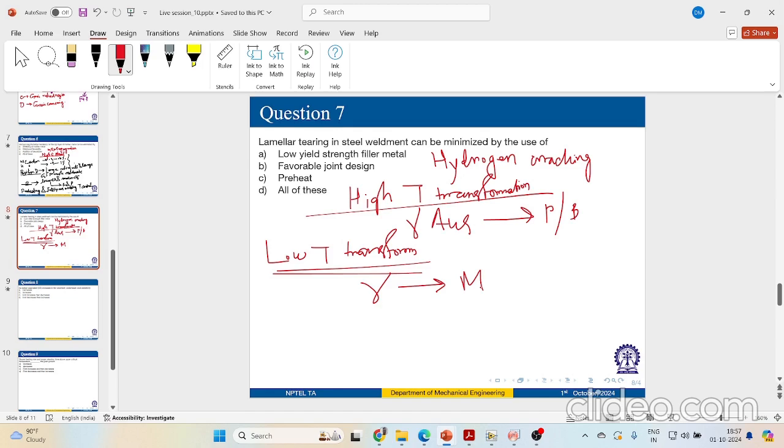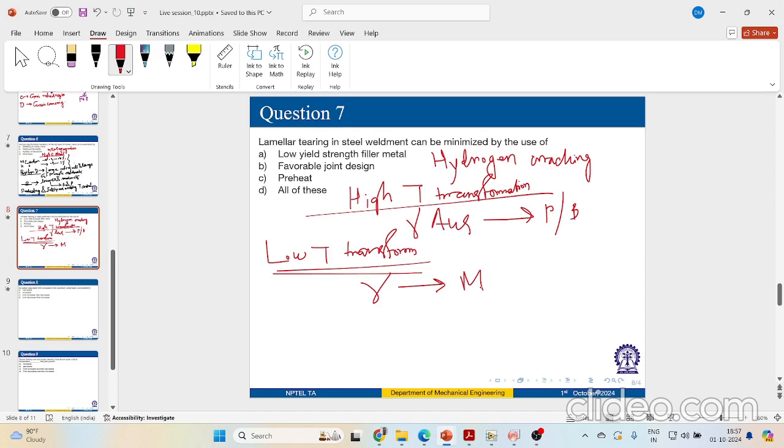At those locations, atomic hydrogen converts into diatomic hydrogen gas, and with continued diffusion of hydrogen towards these discontinuities, these gases start to build up pressure in the cavity.